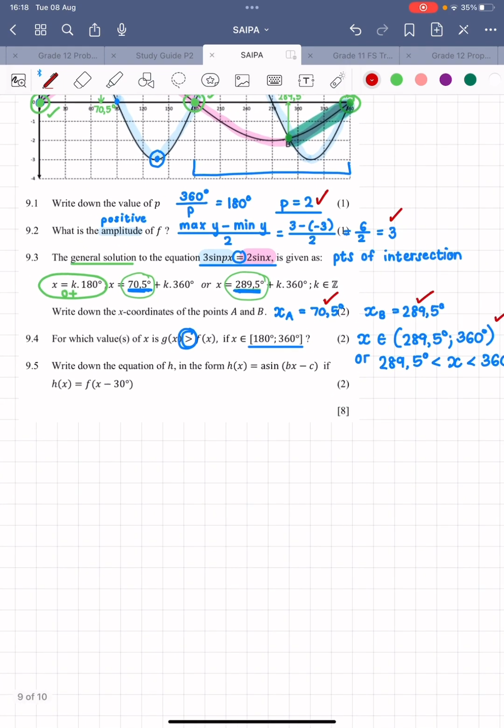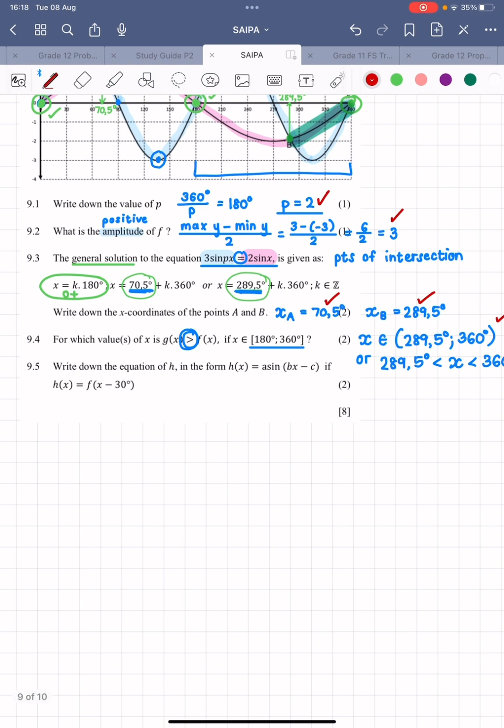All right, now next question, 9.5. They are asking us to write down the equation of h. Now, h is not a graph that we have. H is a different graph. In the form, h of x is equal to a sine(bx minus c) if h of x is f of x minus 30.